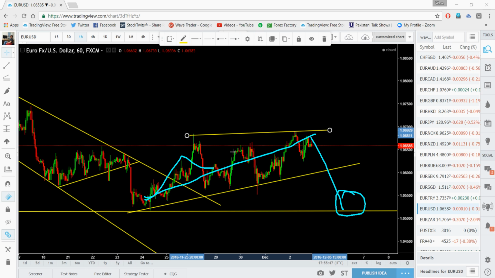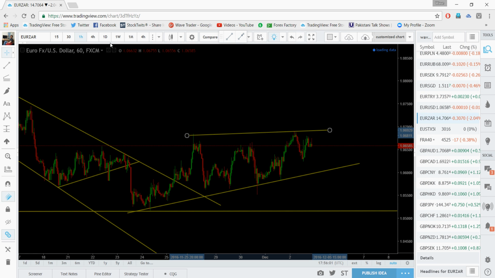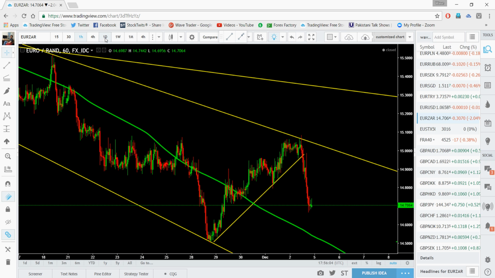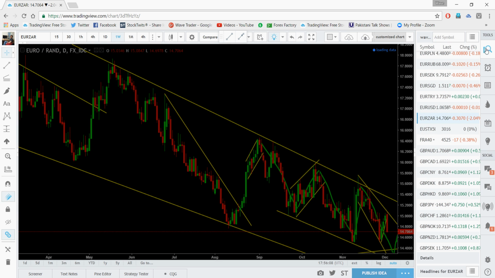This is corrective. And if price comes up to this level and forms an impulse to the upside, then we're going to look for a continuation pattern for the longer run to the upside. So this pair is also forming a nice buy setup at the bottom. The bigger structure is something like this.